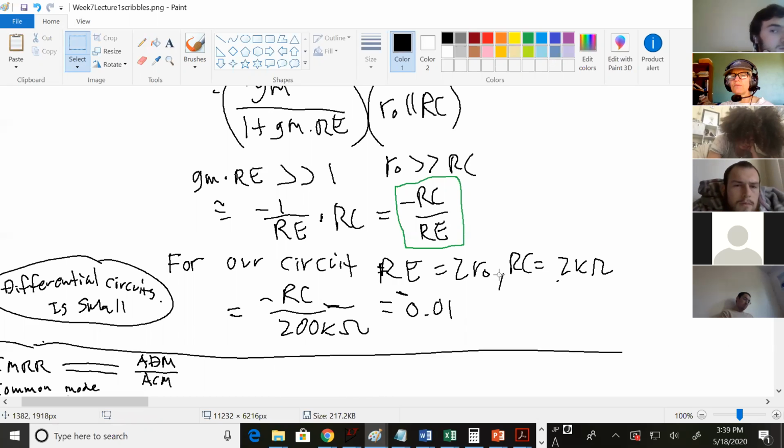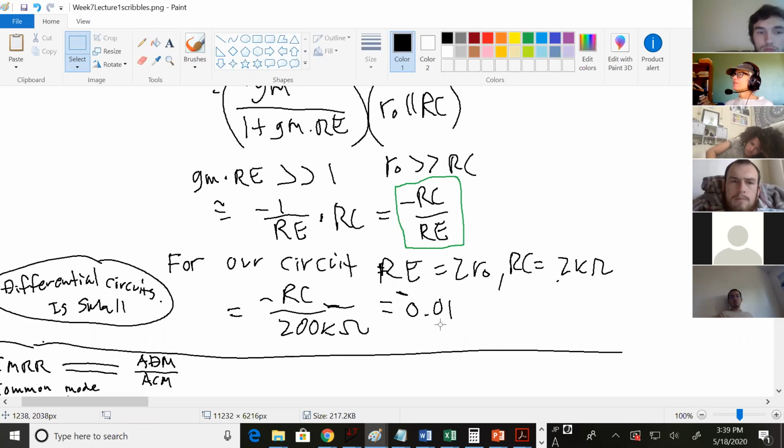If RC is 2 kilo ohm and RE is 2RO, and you can assume VA equals 100 with 1 milliamp, so RO is 100K. This is 200K. And 2K. So your gain actually is minus 0.01.